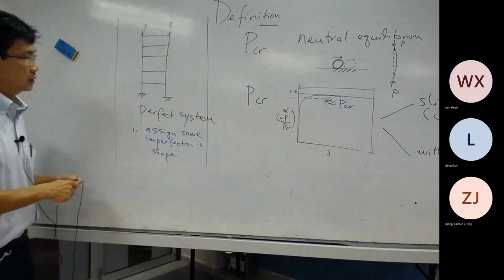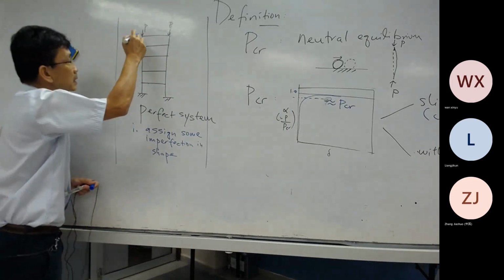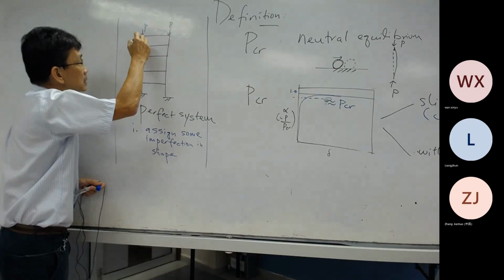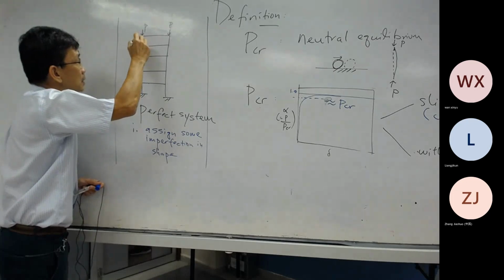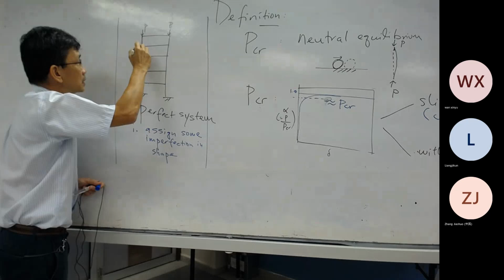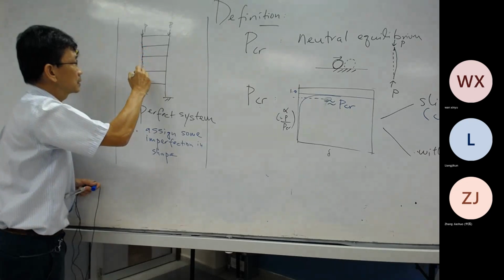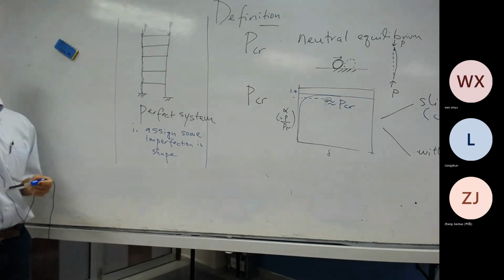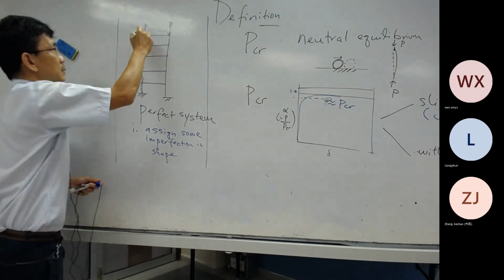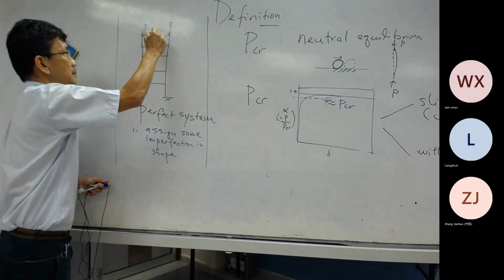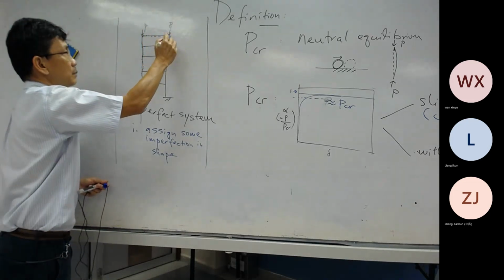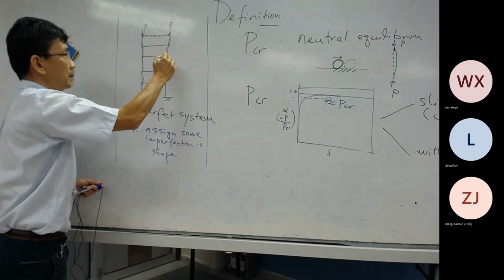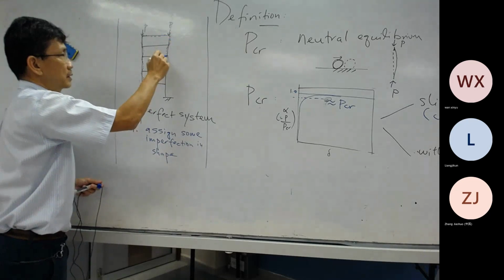So the first thing is you make it a little bit bent. You don't make it straight, but you set my column a little bit like this, like this, like this. You give them some imperfections. The same thing here. Then you give them some imperfection like this.